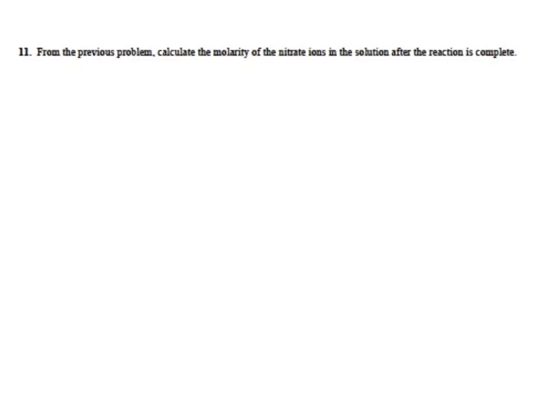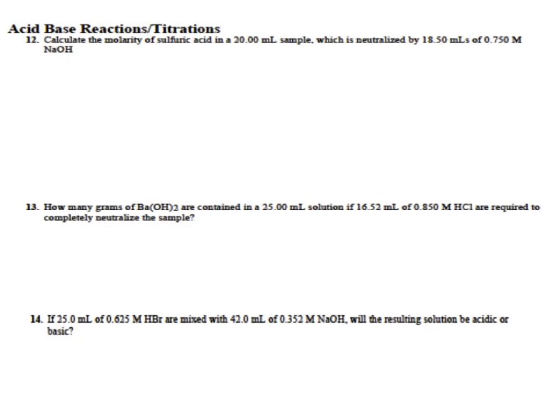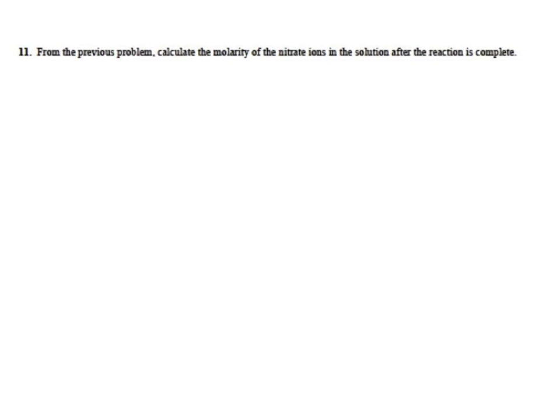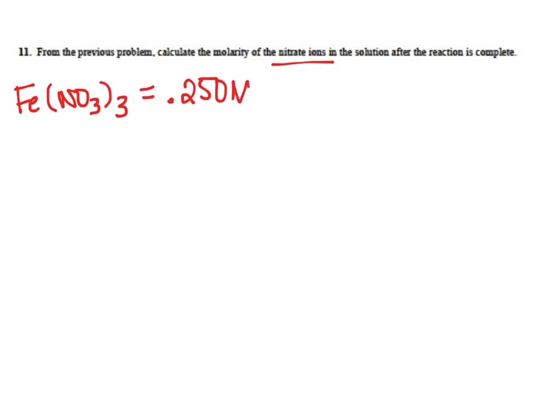From the previous problem, calculate the molarity of the nitrate ions in the solution after the reaction is complete. Okay, so how much FeNO3 did we start with? What was the molarity of that? Okay, so the original was 0.250 molar.